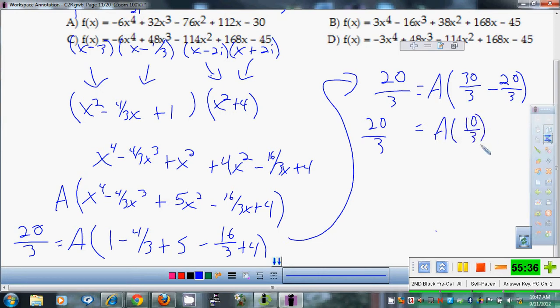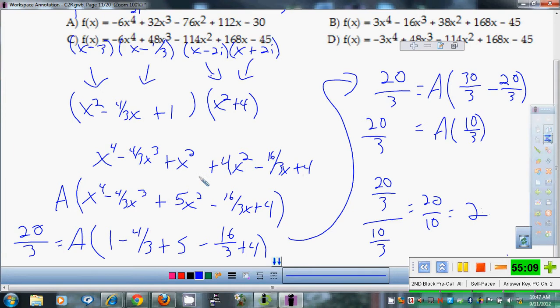Now normally you won't get fractions like this tomorrow, but because I had to tweak this problem on the fly, normally you'd get like 4 equals 2a, and you just divide by 2. This time you have to divide 20/3 by 10/3, which looks ugly, but you could flip and multiply, or you could just notice that since they have the same denominator, you can just take 20 divided by 10, which is 2.